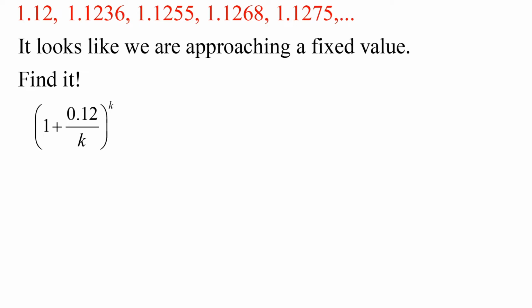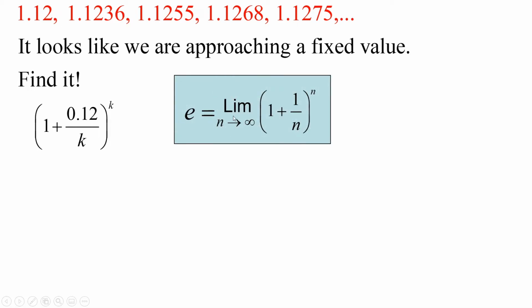We could. In fact, we did already. And doesn't that look very similar to what we did with E? So we didn't do this one exactly. But we're going to use E here and manipulate this expression to put it in the form of our definition of E using calculus. And what was E again? It was the limit as n approaches infinity of the quantity 1 plus 1 over n to the n power.